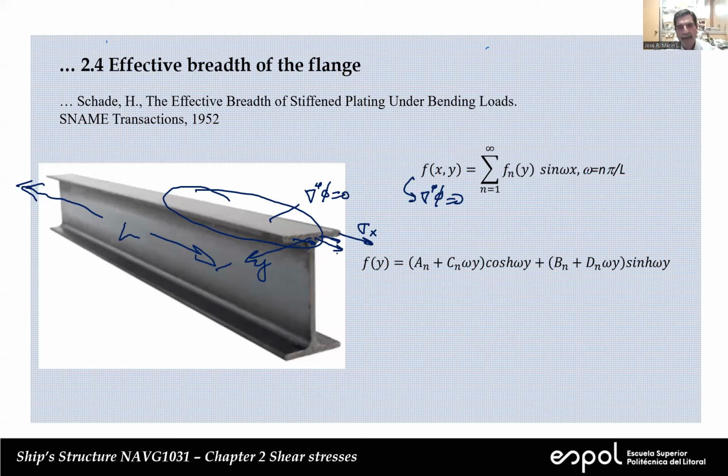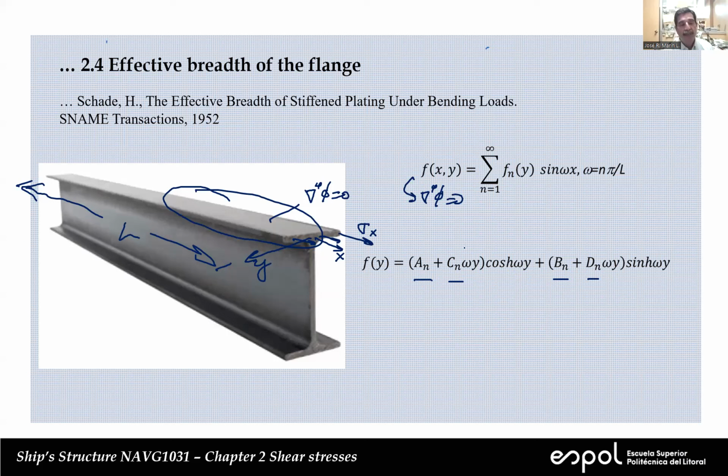So this is the x direction. So this is the solution. You can see here that this is a fourth order equation. So here you have 1, 2, 3, and 4 constants. So it's like we have done so far in our class.